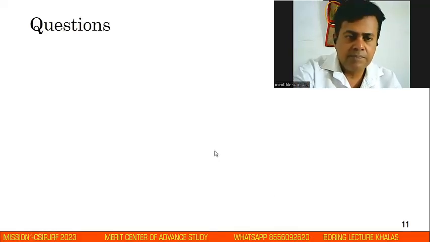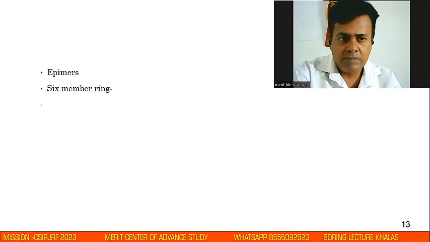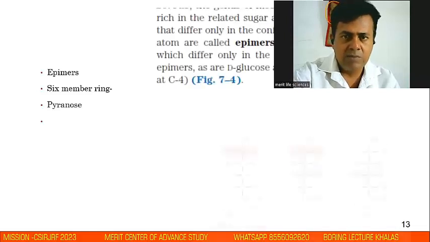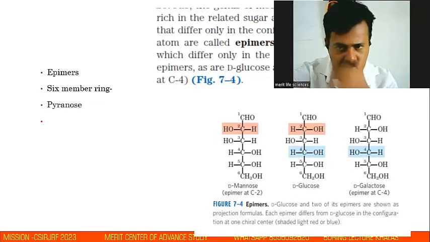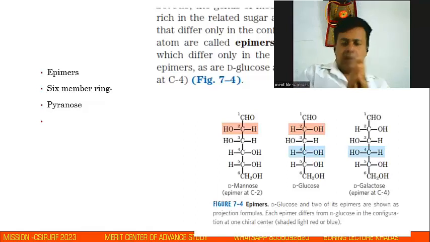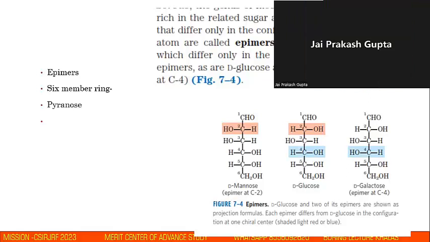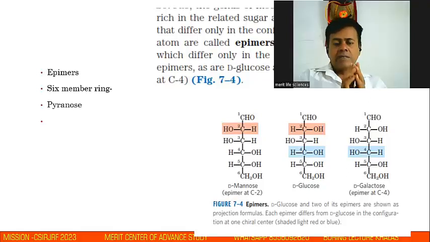Okay. So we have already discussed the epimers. What are epimers and how are they different? Epimers always occur between 2 molecules which have the same molecular formula. They differ at a single carbon atom, in the orientation of a hydroxy group.